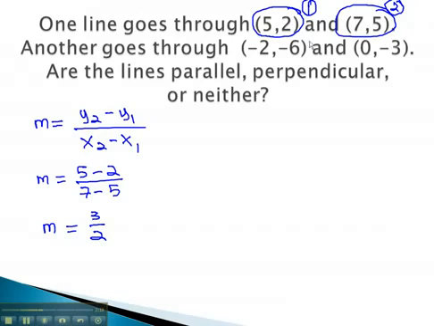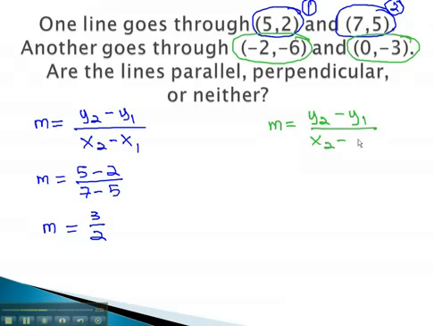Let's consider the second line to see how it compares. The second line goes through the points (-2, 6) and (0, -3). We will find the slope by doing again y2 minus y1 over x2 minus x1. y2 is -3 minus y1, which is 6, over x2, which is 0, minus x1, which is -2.